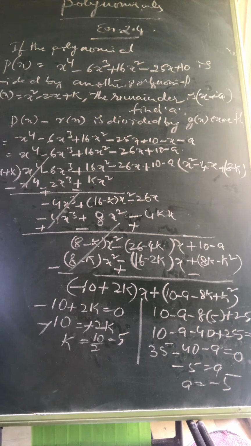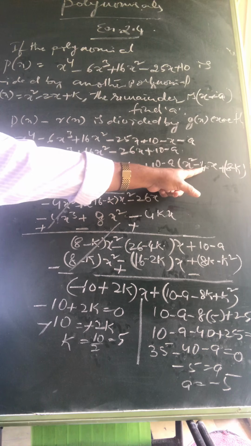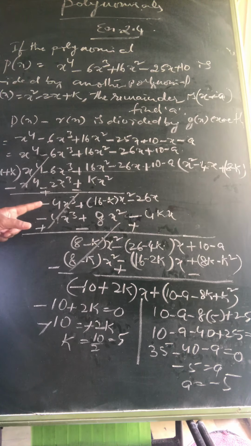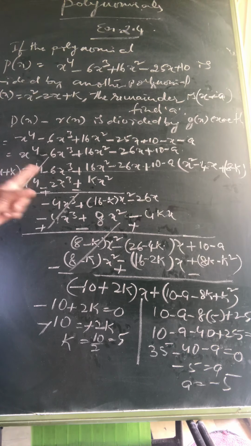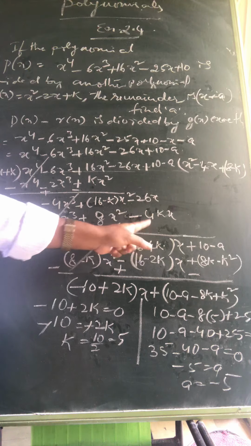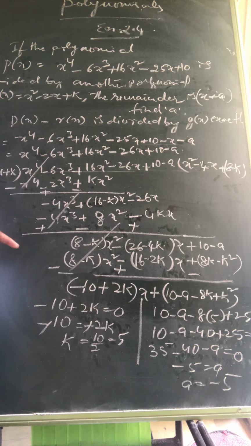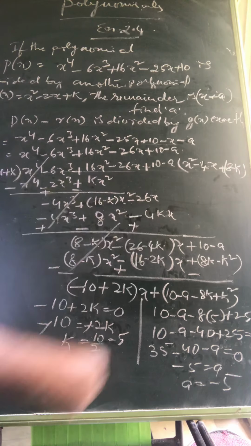Here x square is there. So we have to multiply x square by minus 4x to get minus 4x cube. Minus 4x into x square, minus 4x cube. Minus 4x into minus 2x, plus 8x square, and minus 4x into plus k, plus 4kx. In the subtraction, we change the symbols here, plus minus plus.